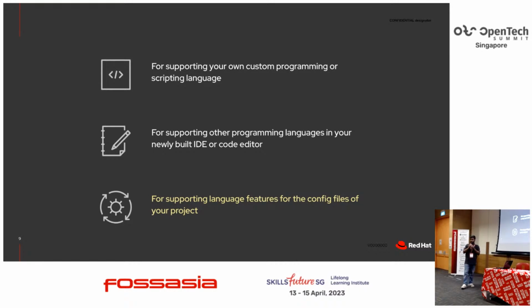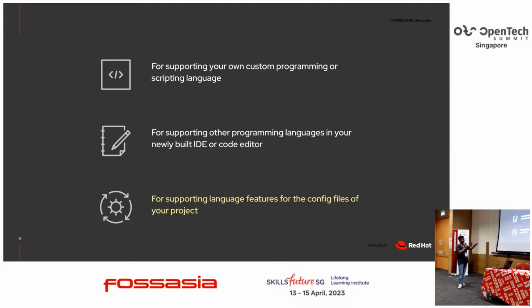For the last two days I was at FOSSASIA, and I noticed that a lot of you have developed projects, and almost all of them require some sort of configuration file for the project to work. This is where I find the importance of the language server. For example, you're working on a project and you need a set of configuration files that the user needs to type in so that they can actually work on that project.